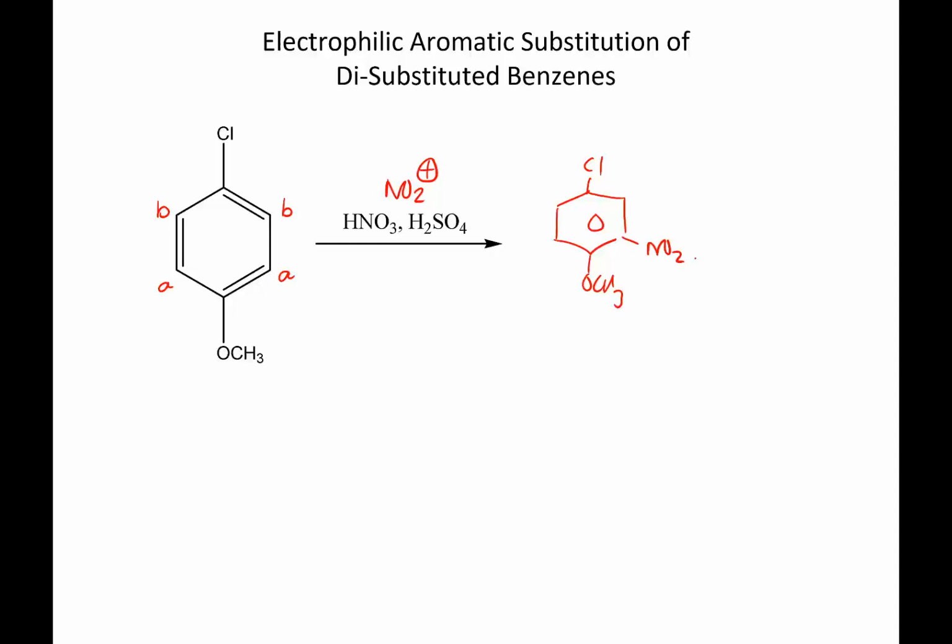Does everybody agree with that? Does everybody know why we're adding to A? So that's an OCH3 group. It's an O. So the O attached to the ring is activating, and so that's ortho-para. But there's a chlorine in the para position, so we only add to the ortho position to it. So we're adding to A.